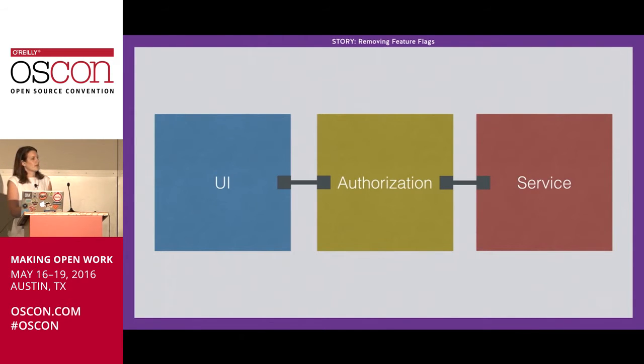And it might look something like this. Say you have 3 services that are all going to use this feature flag. First you have the UI that presents the state of the feature flag. Does this user have this feature turned on or off? So it needs to know about the feature flag. Then you have a second service, which is in charge of controlling which user has the feature flag turned on or off.